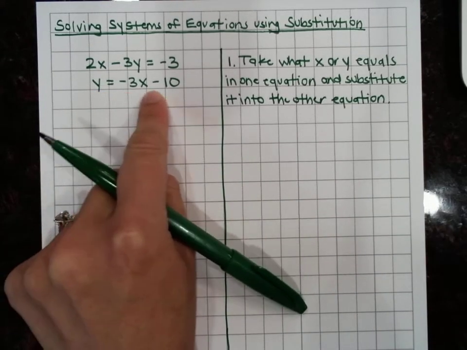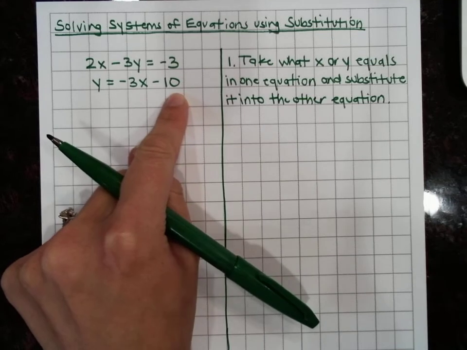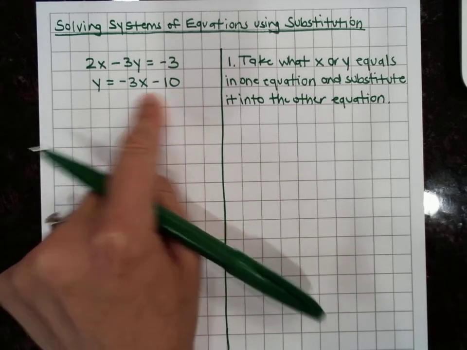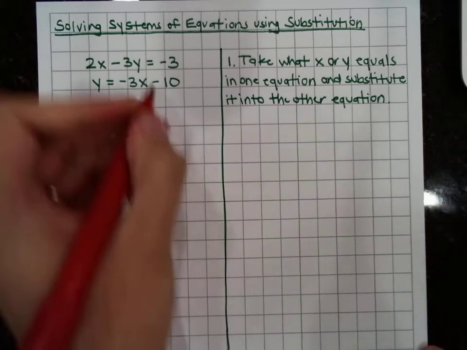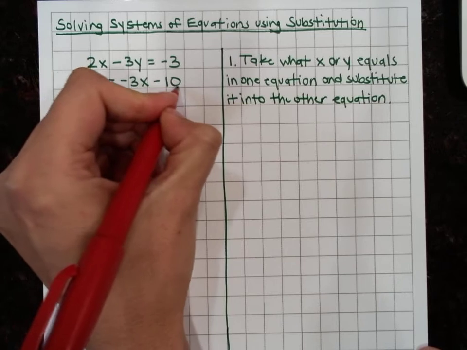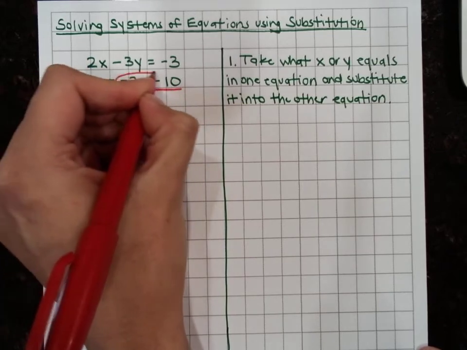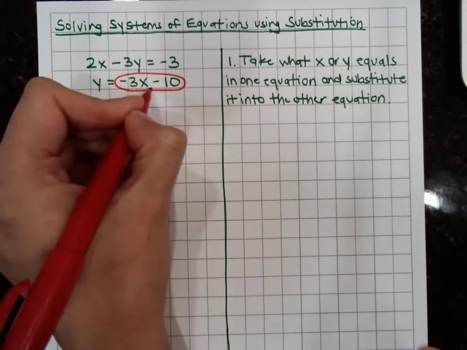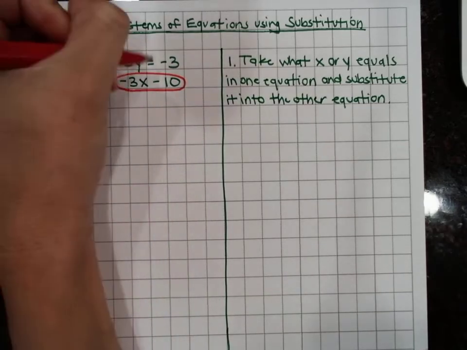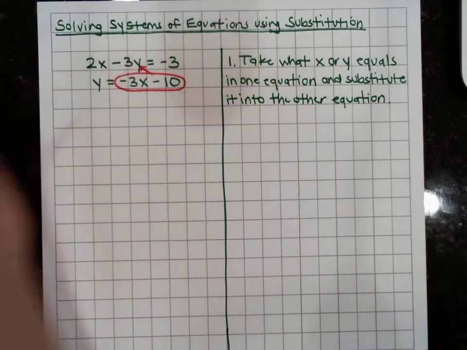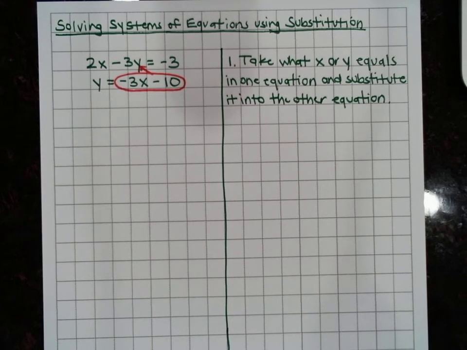Y is equal to negative 3x minus 10. It's equivalent. Y is negative 3x minus 10. So you're going to circle what y equals. We can use y and negative 3x minus 10 interchangeably because they are equivalent. And so we're going to plug it in for the y in our first equation.